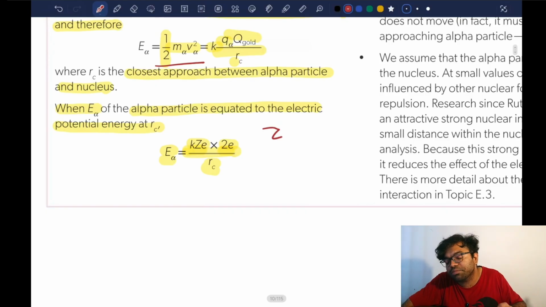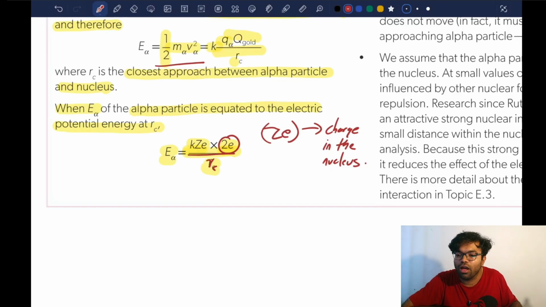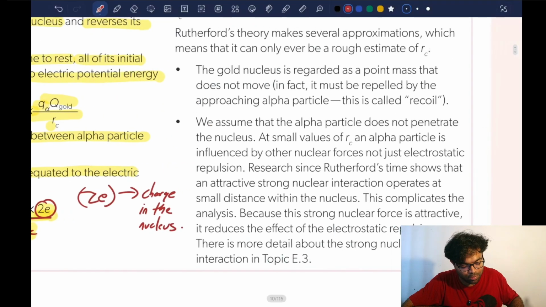The number of protons multiplied by the charge of each proton gives you the charge of the nucleus. And we know that helium has two protons in its nucleus, right? Therefore, you get 2e. So K Ze multiplied by 2e upon Rc. This is the distance of closest approach that we have. Clear? Okay, let's move on.